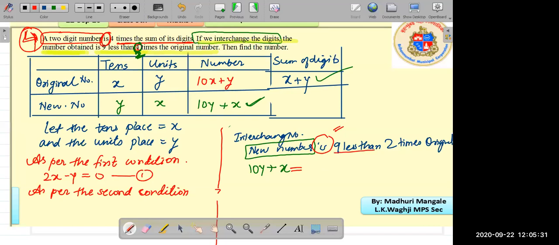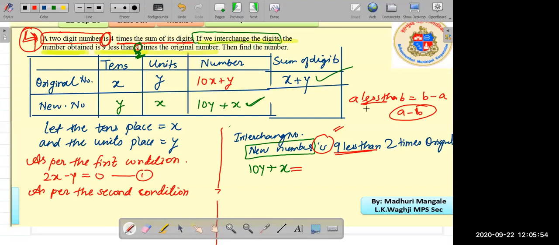9 less than. Now be very careful over here, students. A less than B is written as B minus A and not A minus B. If you put A minus B, it's wrong. Whatever the number before less than, it goes next.